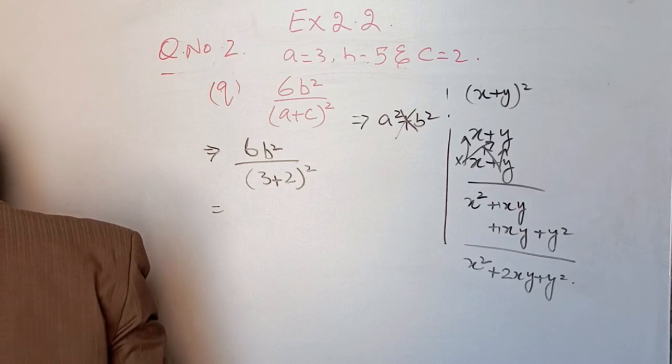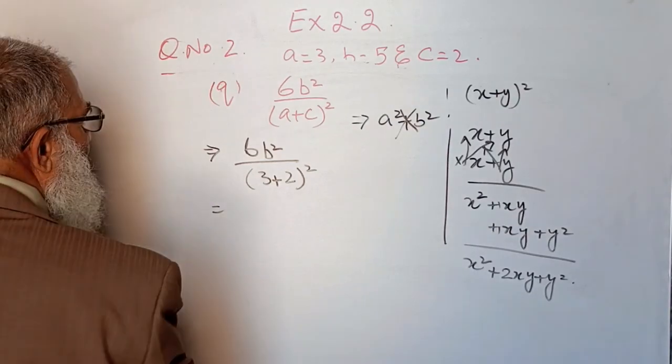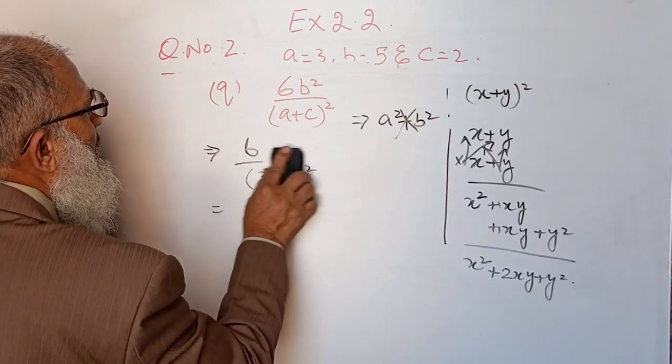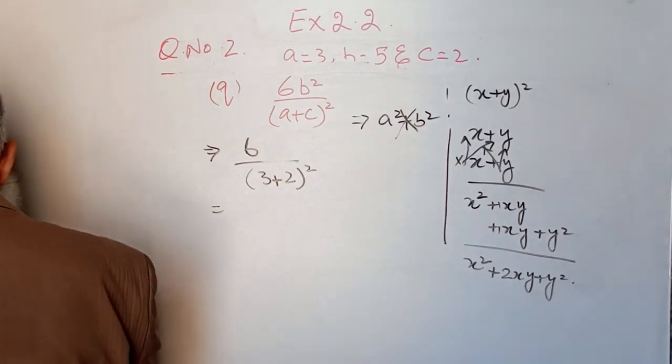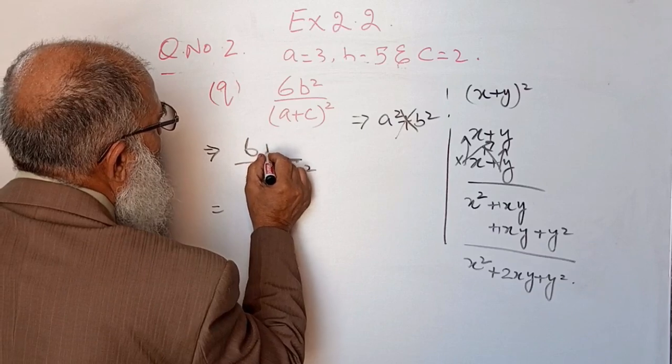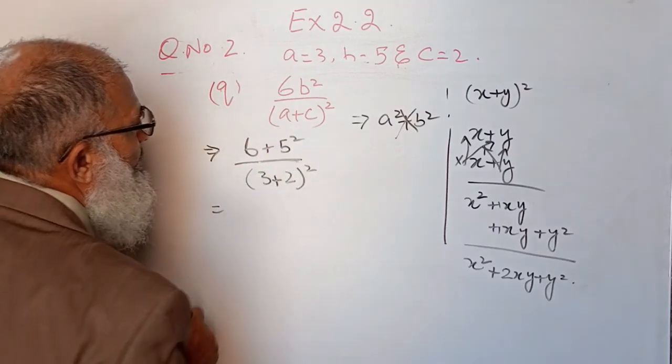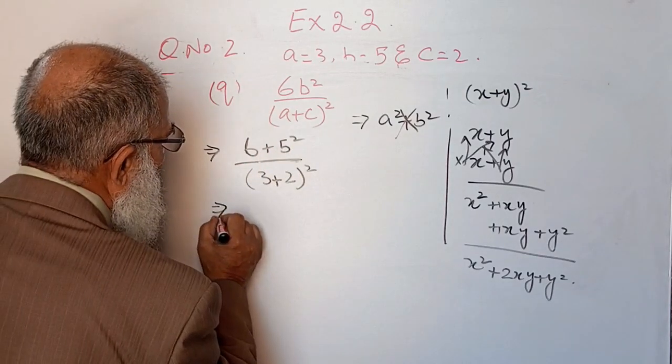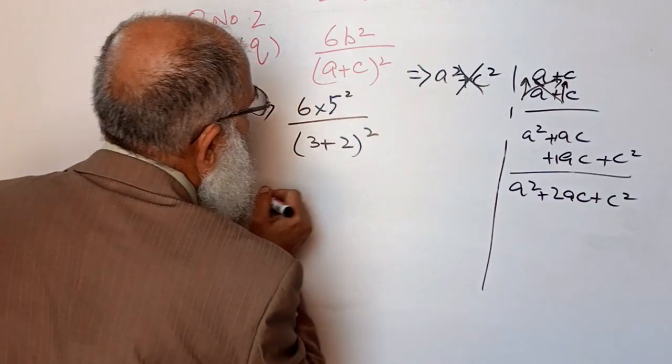Or you can even manipulate the value of b as well. B is 5. It will become 6.